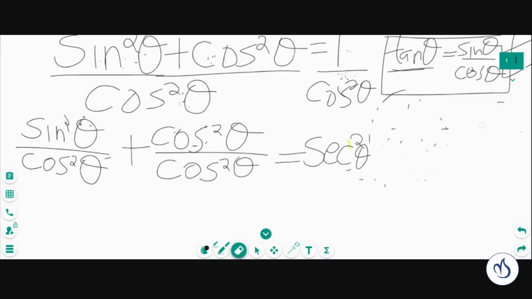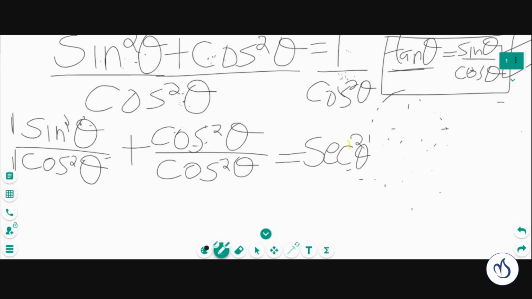So I'm going to apply the divisions. Sine squared over cos squared. Since sine of theta over cos of theta gives us tan of theta, I actually have it here.